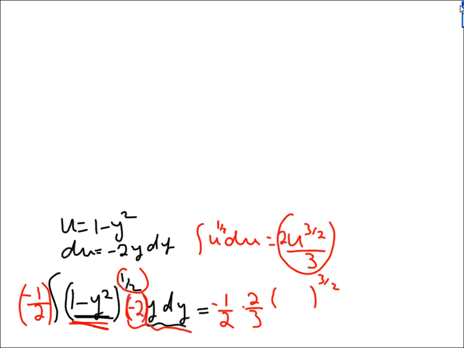For u has always been 1 minus y squared, and the 2's cancel, so you get negative a third times (1 minus y squared) to the 3 halves. So we're going to need that for this integral.